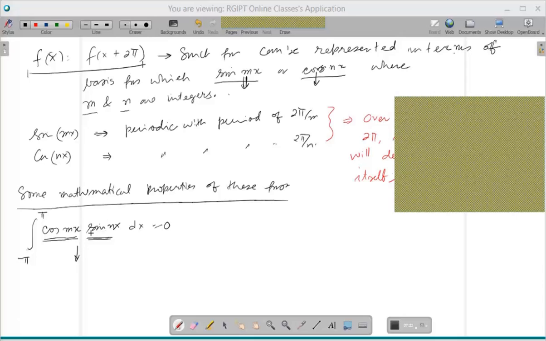And this tells me that any sin nx and cos mx are orthogonal, if I define my dot product, or the analogue of the dot product, to be the overlap integral from minus pi to pi over the period 2 pi.